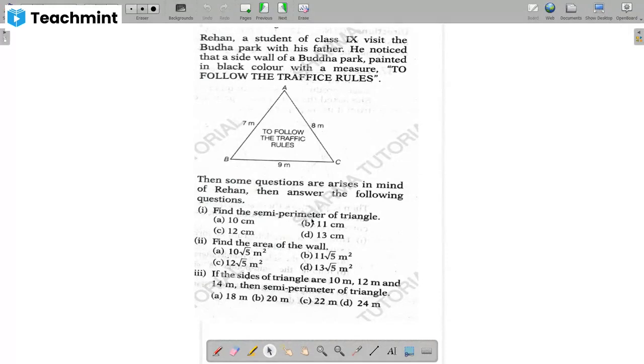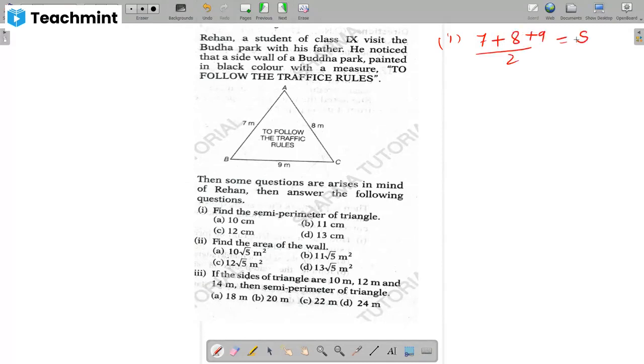Be careful. In the previous one, the question was find the perimeter. And here it is given semi perimeter. So it should not happen that in a hurry you just find the perimeter and click on the incorrect answer. It's semi perimeter. So how will you find semi perimeter? Sum of all the three sides divided by 2. 7 plus 8 plus 9 by 2.